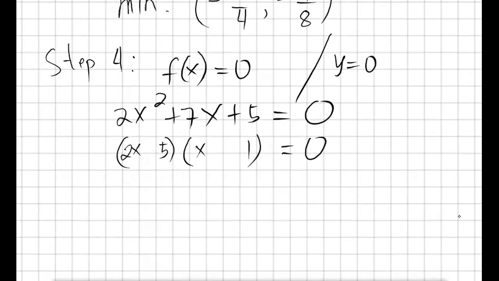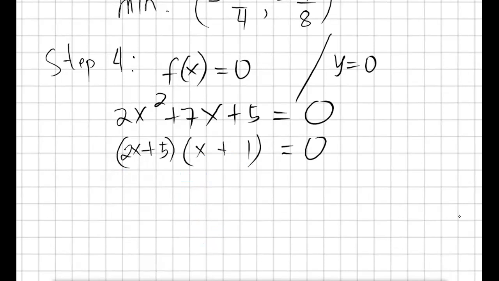Okay, and then to apply trial and error, 2x times 1 is 2x. Then 5 times x is 5x, and then we can get 7x by adding them. That means making both positive. Okay, so conclusion, we must make both of them positive.